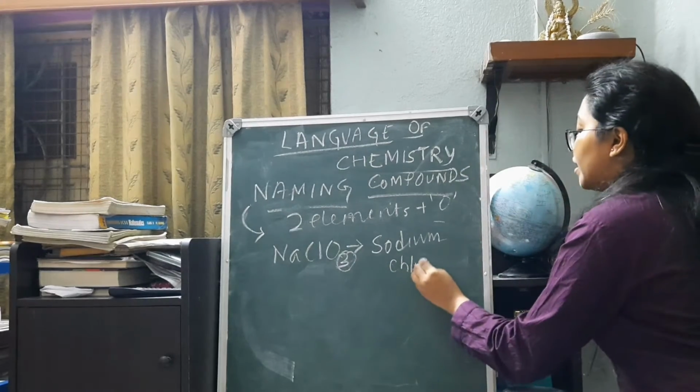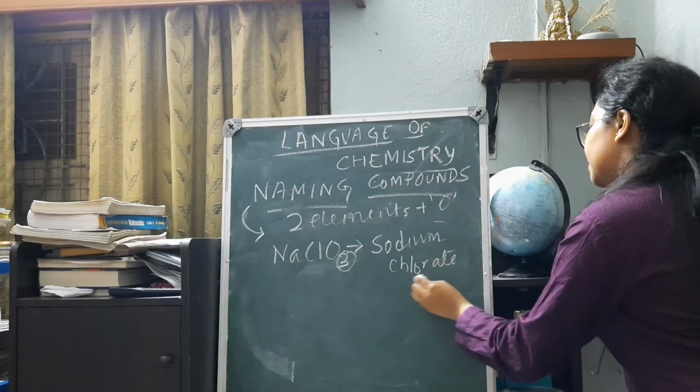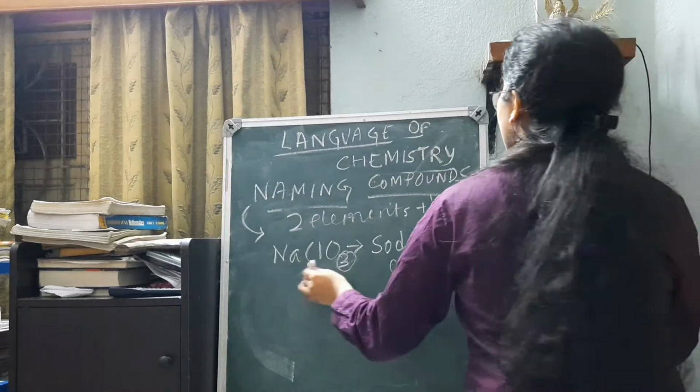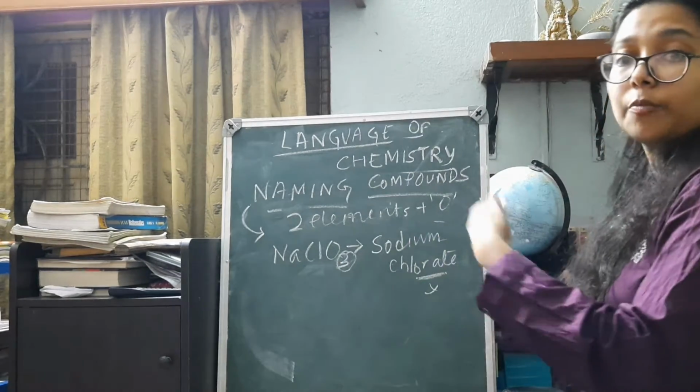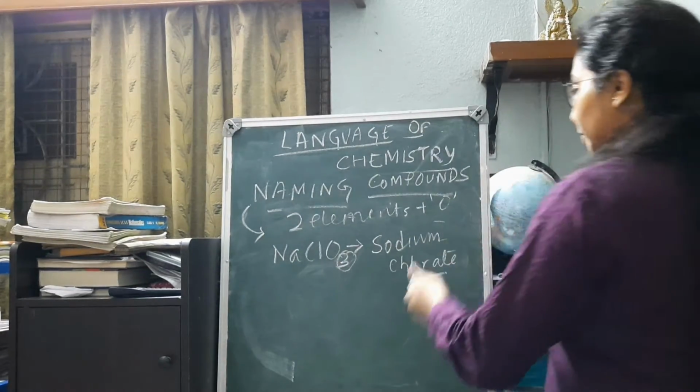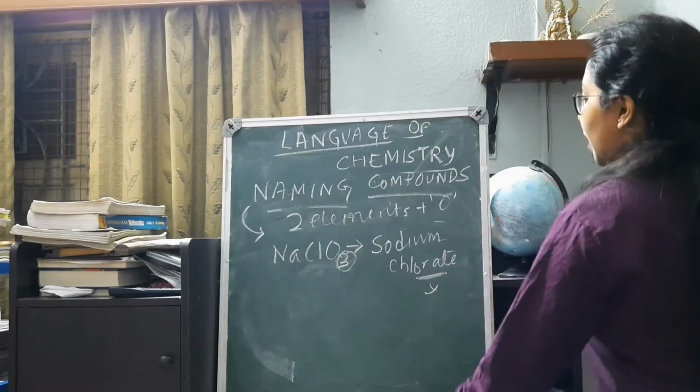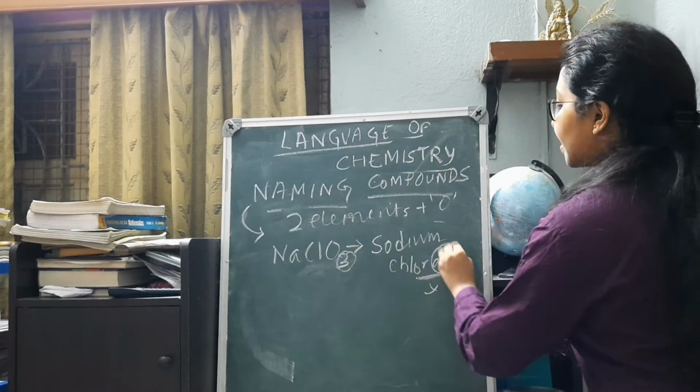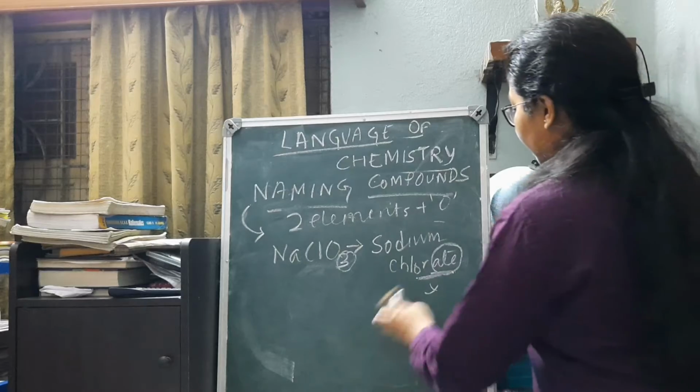Sodium chlorate. If it was NaBrO3, sodium bromate. Okay. So in this way it is done. You have to remember for 3 the suffix is ATE.